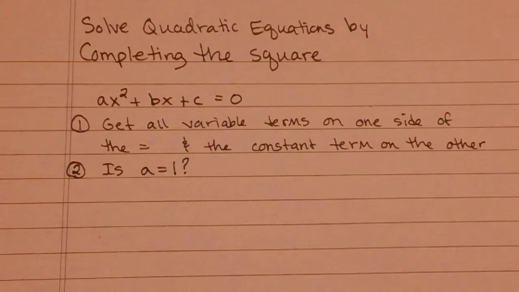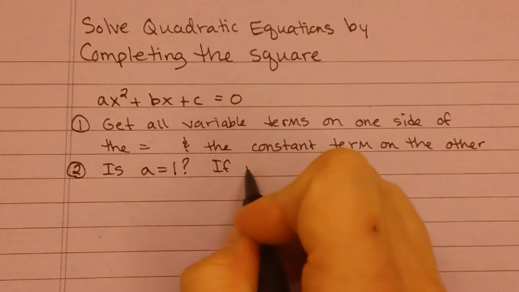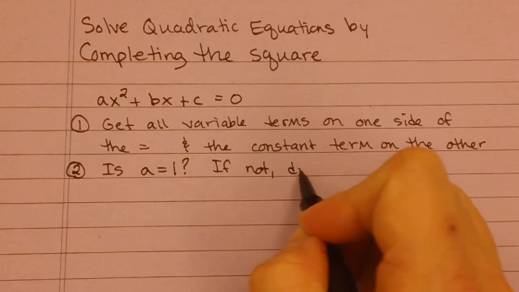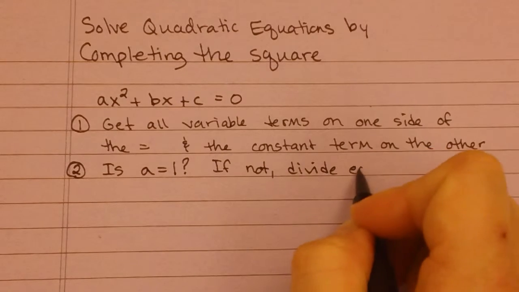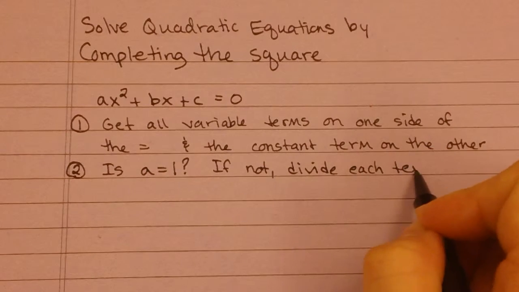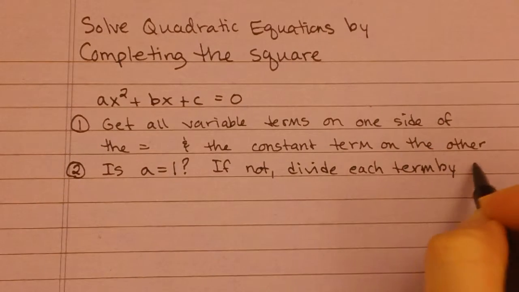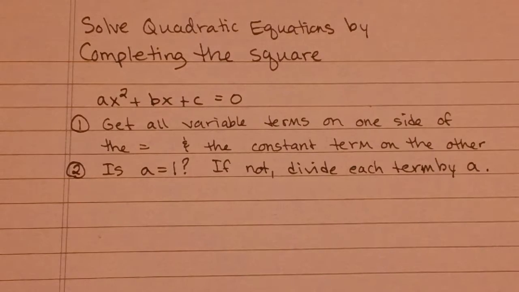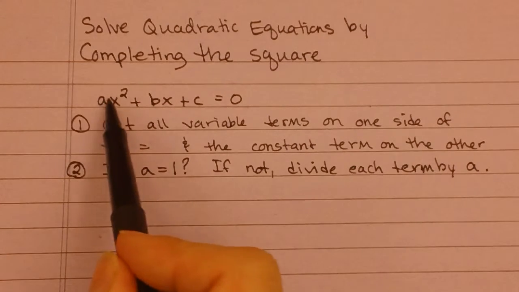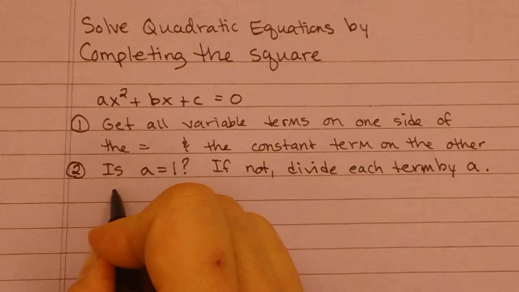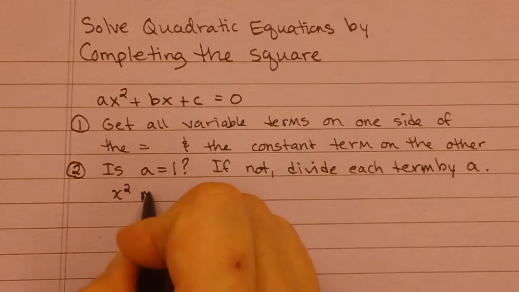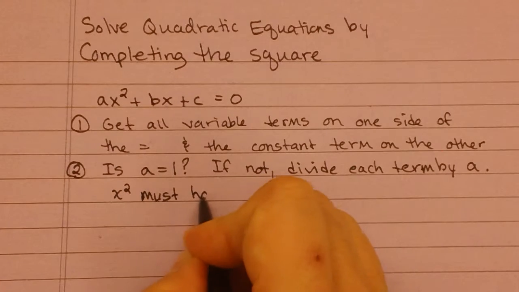If a is equal to 1, you are fine and you're ready to start with completing the square. If not, you need to make sure you divide each term by a. Remember that a is the coefficient in front of the x squared. So in other words, x squared must have a coefficient of 1.